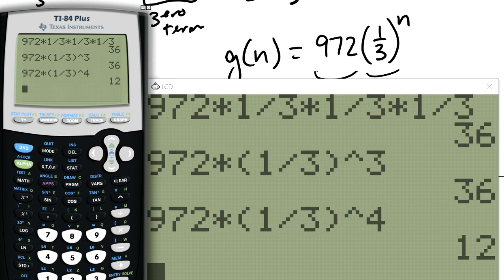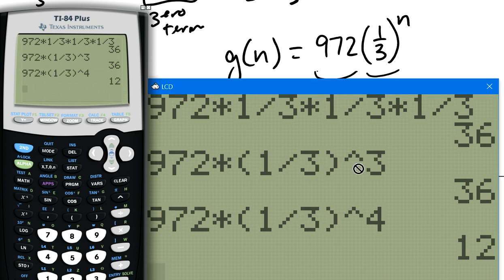So again, exponentiation allows me to show repeated multiplication. Instead of multiplying by 1/3 one, two, three times, I can just put a 3 in there, and that's exactly the same. I'm multiplying by 1/3 3 times.